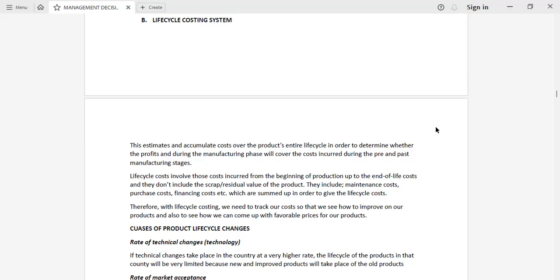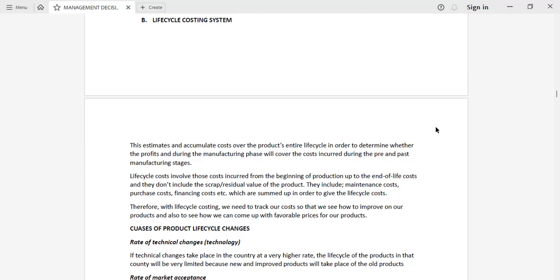We said we are going to combine target costing with life cycle costing. We get one simulation or one past paper number that involves two costing systems, and we see how we can solve them, and how we can also get the difference between them.